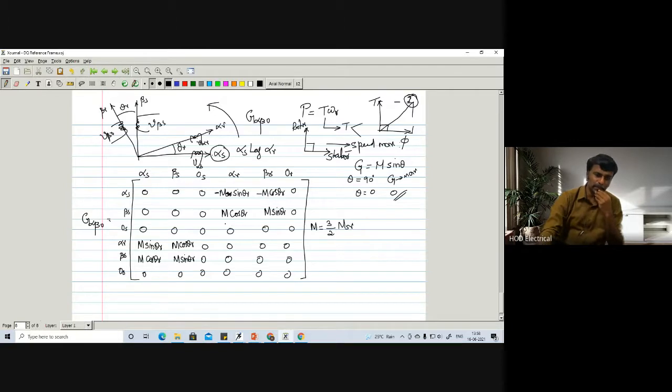Then in this equation, beta s alpha r, where it is beta s, alpha r is in this place, so beta s is positive, beta s is leading, so I have written here positive. Then beta s beta r, in this case beta s is lagging, therefore I am writing here one minus.